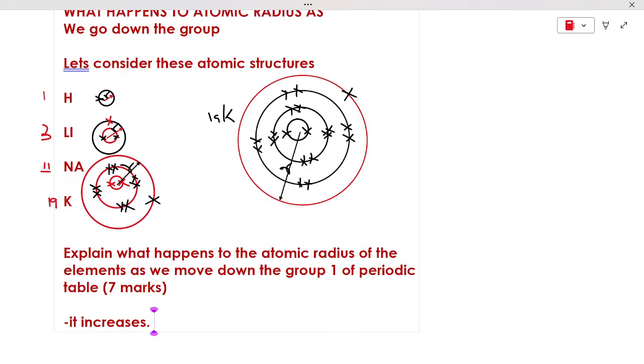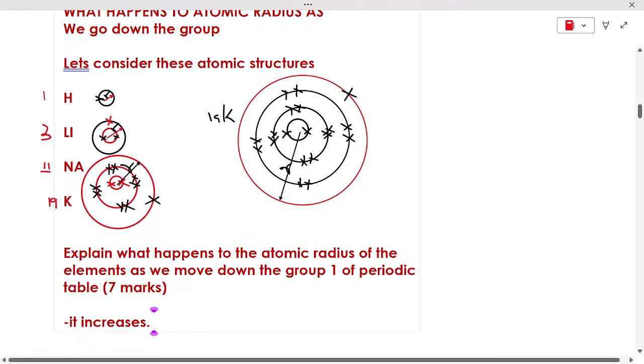So we are saying, as we move down the group. Number one, look at this one: it has 1 electron, and we drew only one shell.